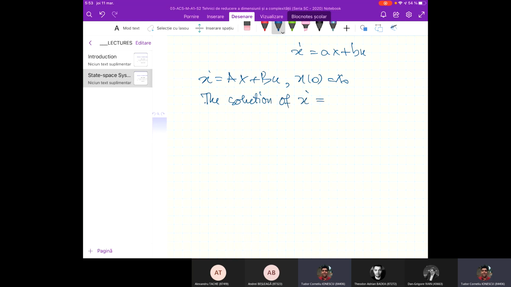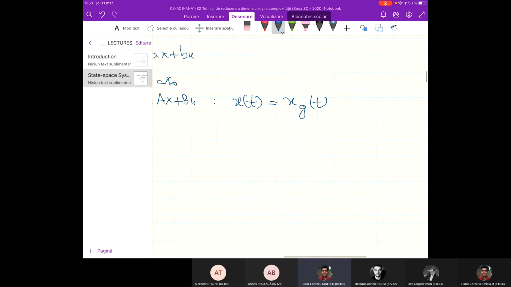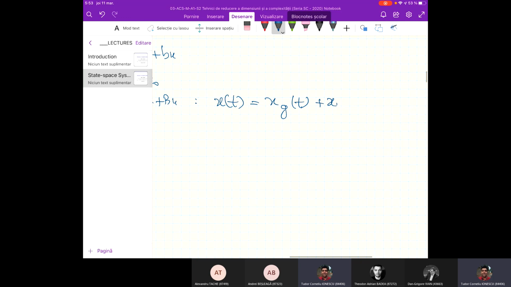of x dot is Ax plus Bu is x of t is x general of t plus x particular of t. This is from the differential equations theory: the general solution plus the particular solution.